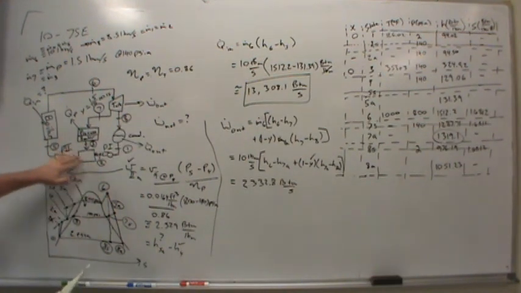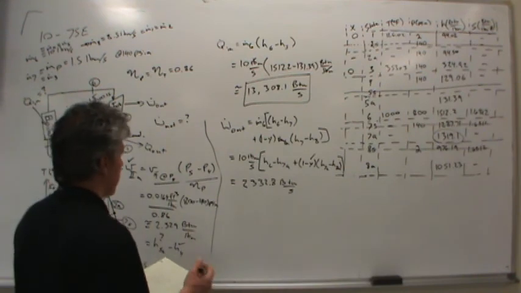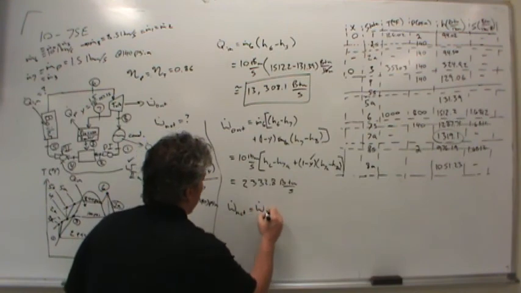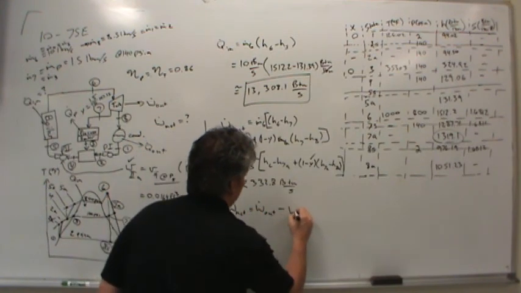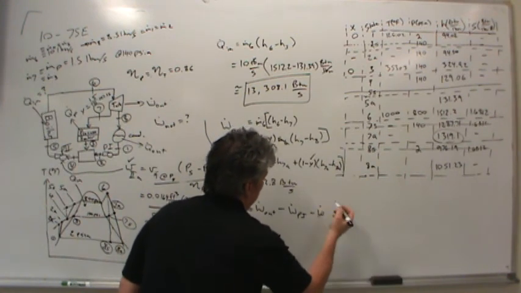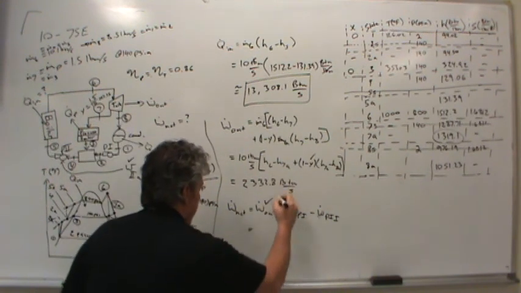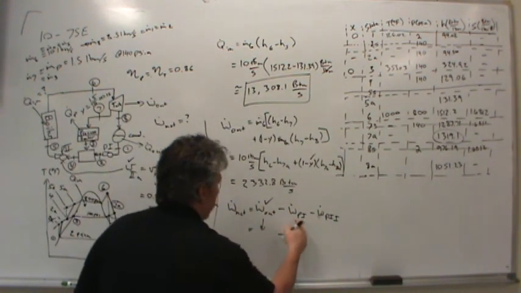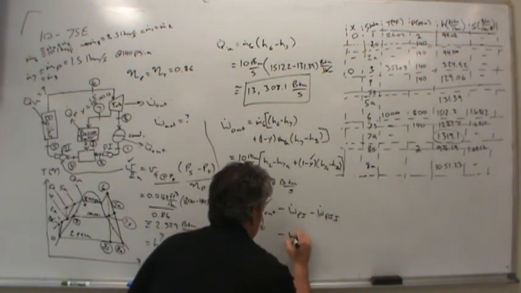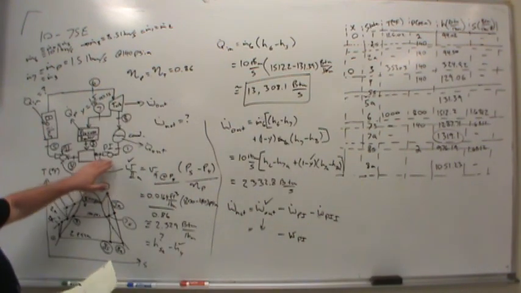The pumps require work. So at this point, probably the easiest thing to do is just subtract off the pump work. So the net power output would be the power output from the turbine less the work consumed by pump 1, less the power consumed by pump 2. Now, this first term is no big deal, so we'll just leave it alone. But the power required for pump 1 would be the specific work for pump 1, which we had a moment ago.